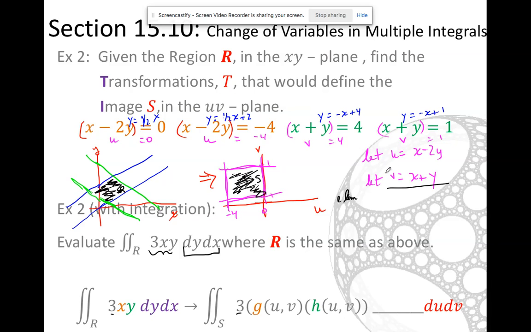So to eliminate y, I'm going to multiply everybody by 2. I'm going to get u plus 2v. If I add these together, is equal to 3x. So x is going to be 1/3 (u plus 2v). That's what's going to go right here.